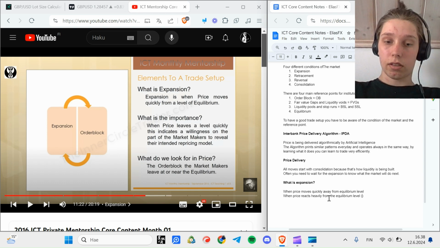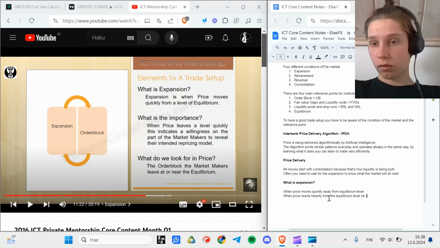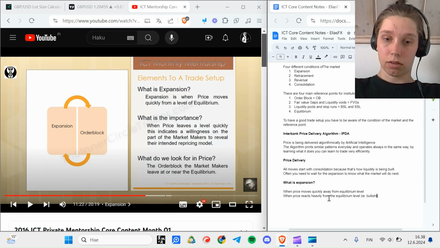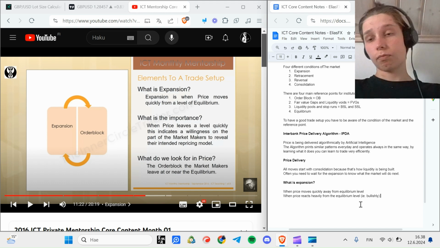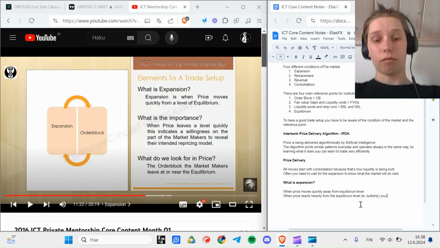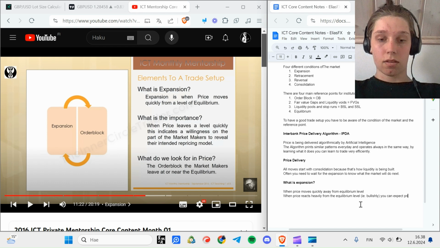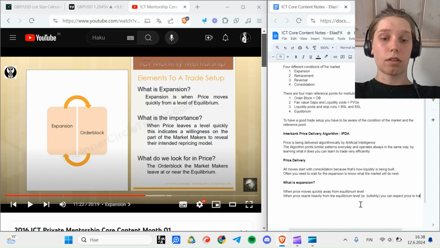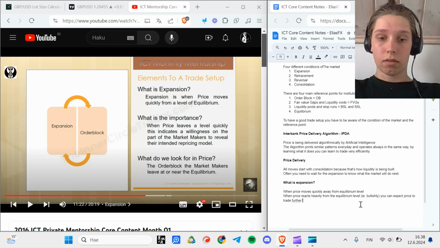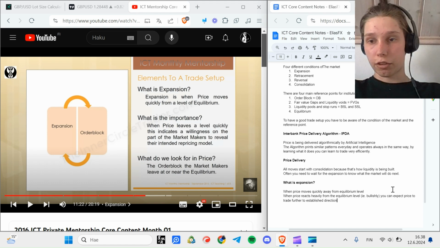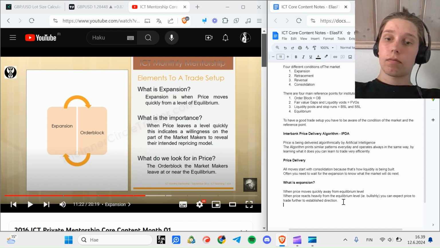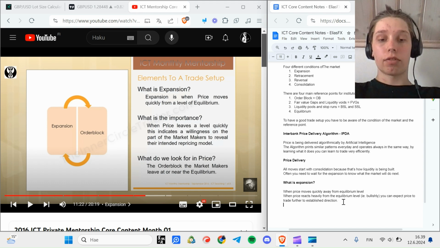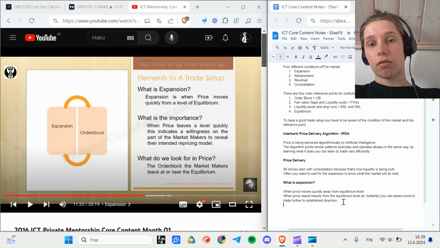Let's say, in example, bullishly, you can expect price to trade further to the established direction, and then just look for the order block to enter.